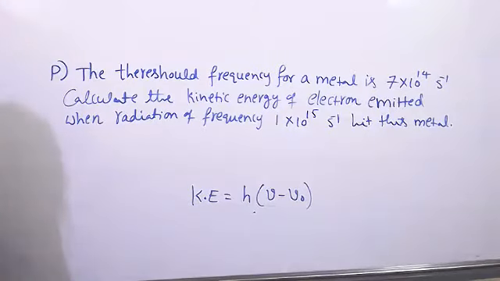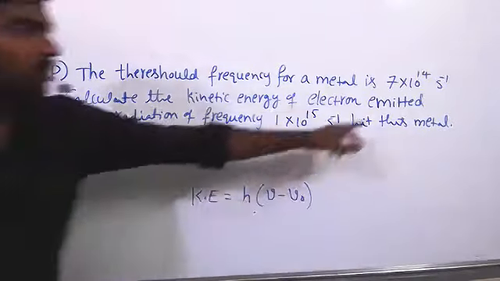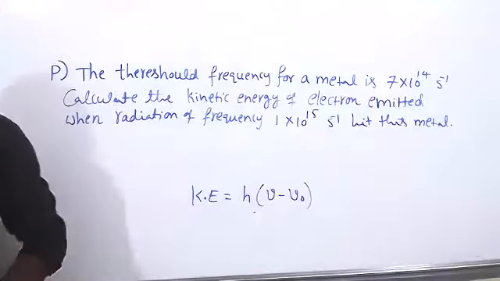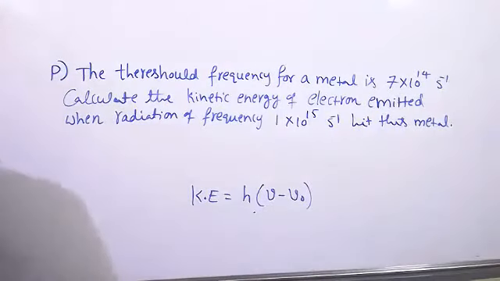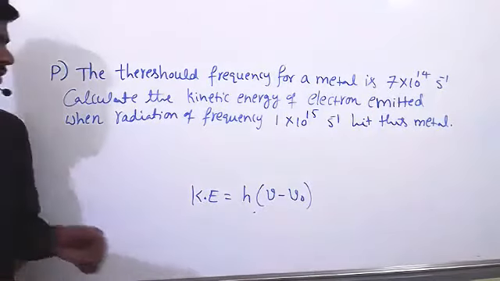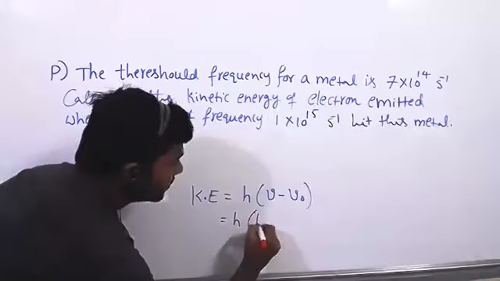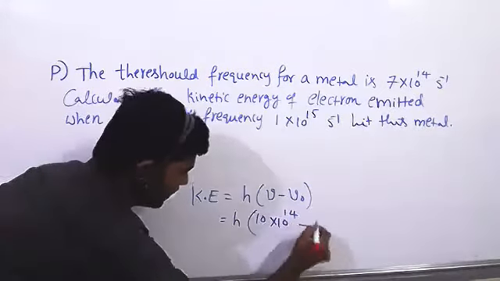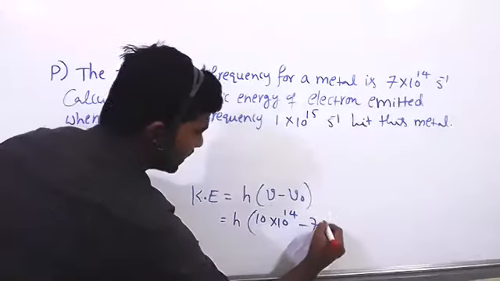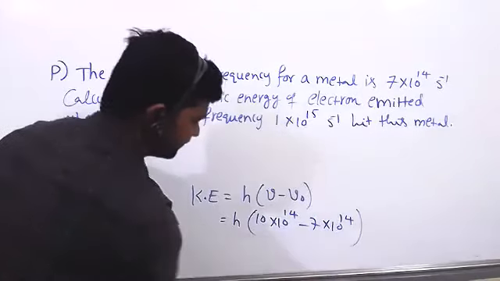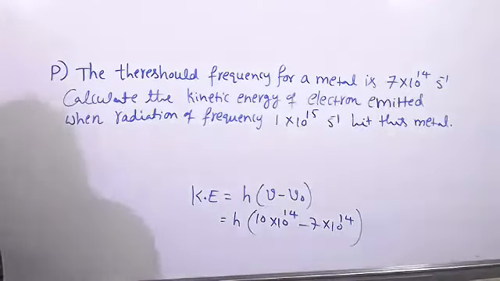No, for your convenience, you have to write it as 10 into 10 power 14. That is convenient, because you have to take 10 power 14 common. h into nu is 10 into 10 power 14, nu 0 is 7 into 10 power 14.